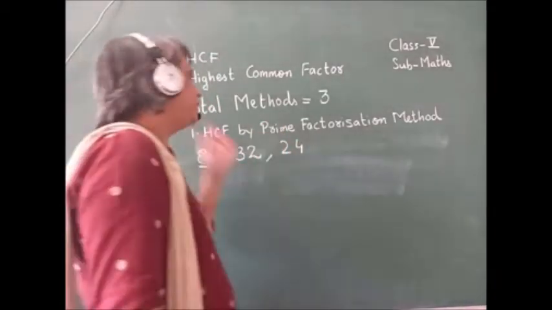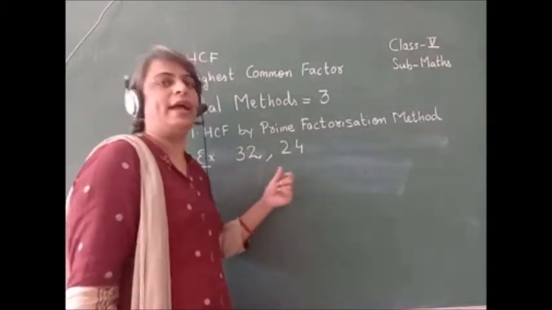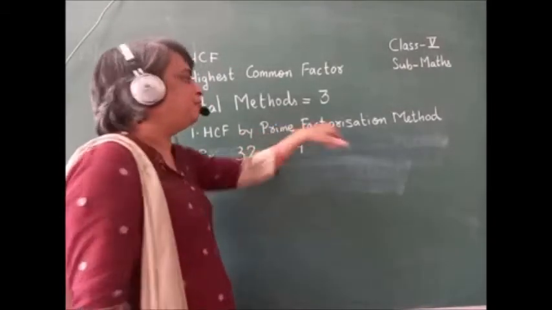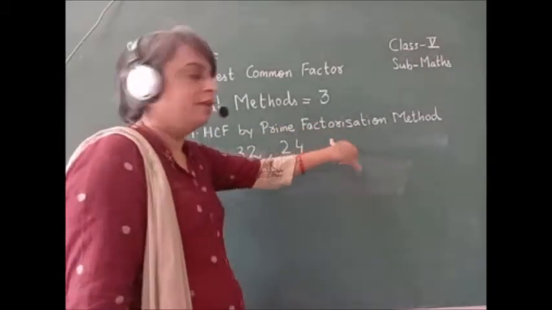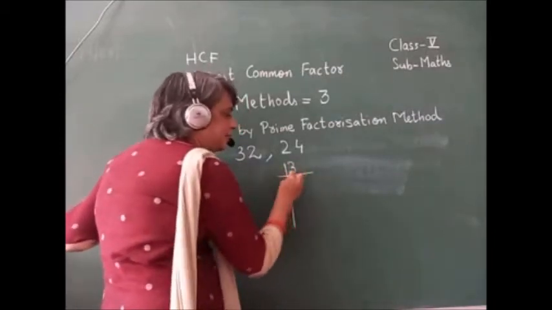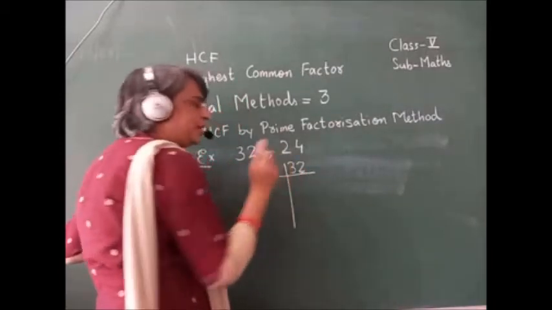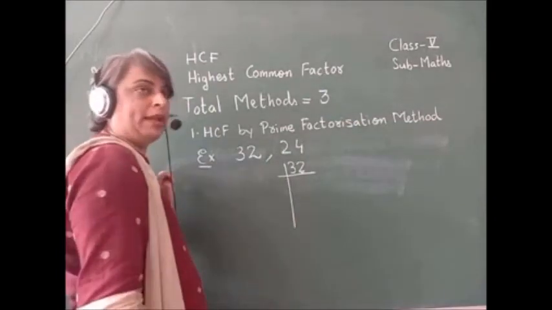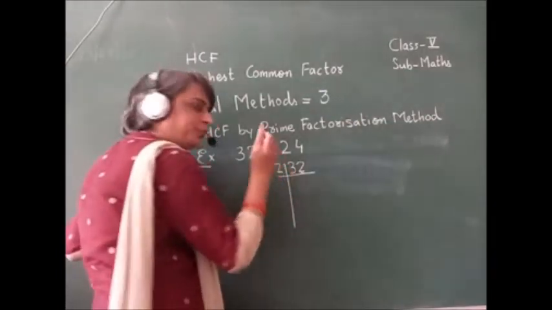Suppose I want to find the HCF of 32 and 24 with the help of the prime factorization method. First I will write here 32. 32 is an even number, so it is divisible by 2.